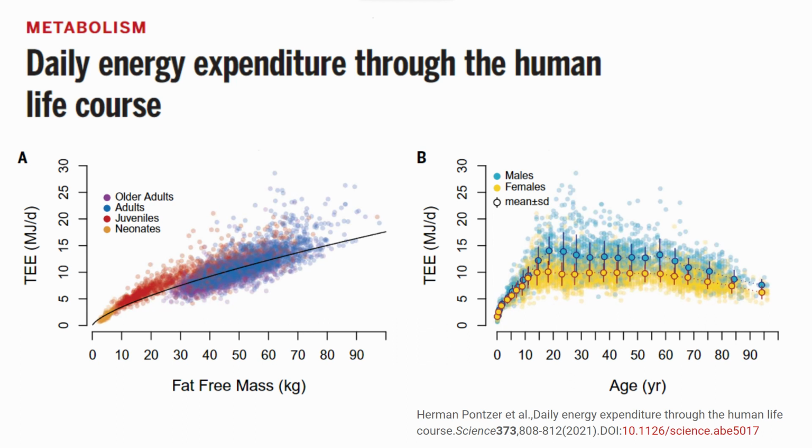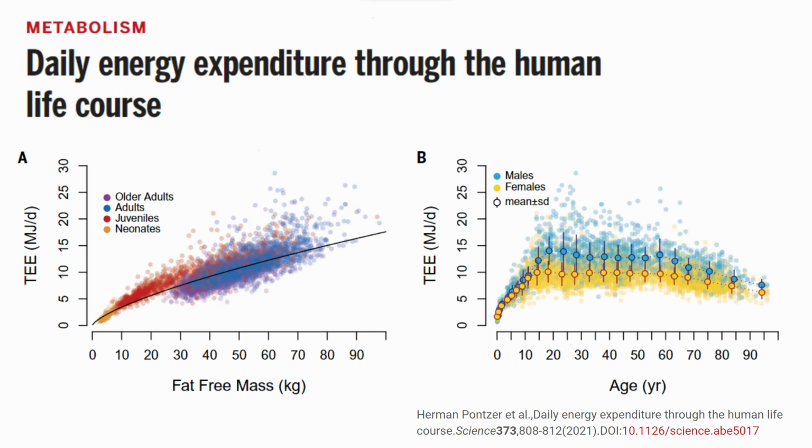Basically, it tells you that at different stages of your life you have different amounts of energy being utilized by your body, and therefore it becomes important to know what kind of energy generating and dissipating mechanisms exist in the body, and how they contribute to this daily energy expenditure. You can have an increase in uncoupled respiration, perhaps, that's going to reduce ATP production by some degree, and that might increase your energy expenditure because you're using more fuel to maintain the same amount of ATP.